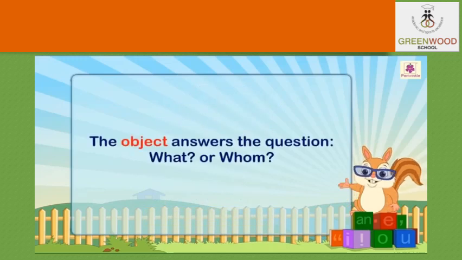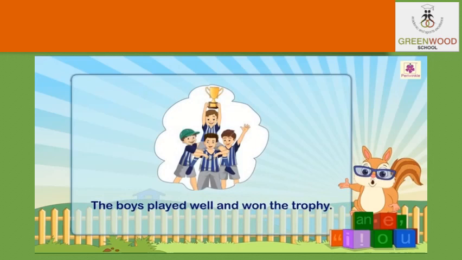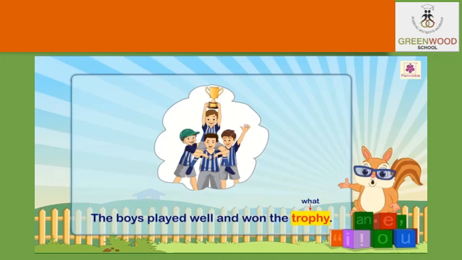The object answers the question, what or whom. For example, the boys played well and won the trophy. Here, trophy gives the answer to the question what and thus is the object of this sentence.